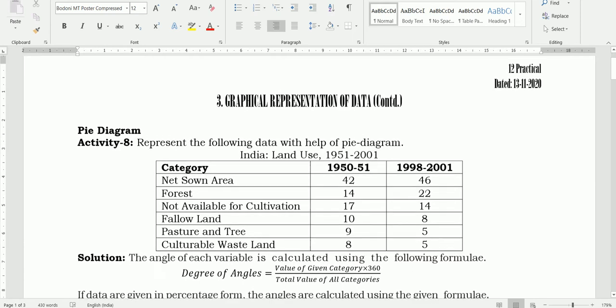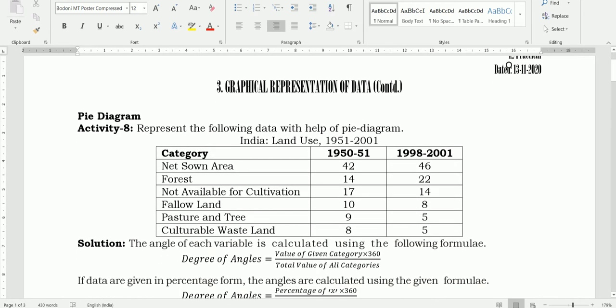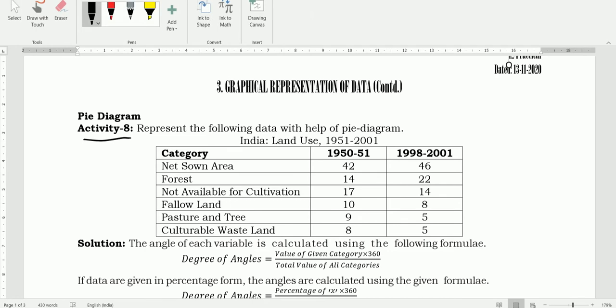Remember, we are learning chapter 3, graphical representation of data. So this is activity 8. Here is a question. Represent the following data with the help of a pie diagram.